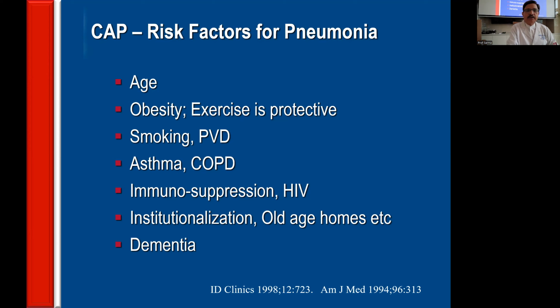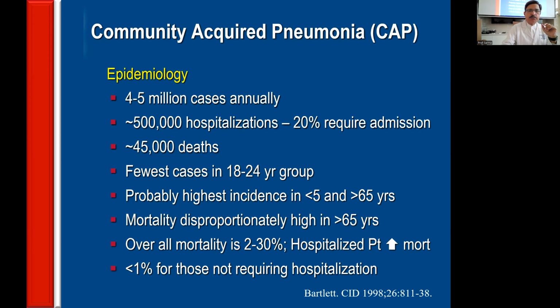Okay, these are the important factors. Of these, I remember age, obesity, smoking, asthma, COPD, HIV, immunosuppression. You will never forget. Always important. So whenever a patient comes, do these checkups also.